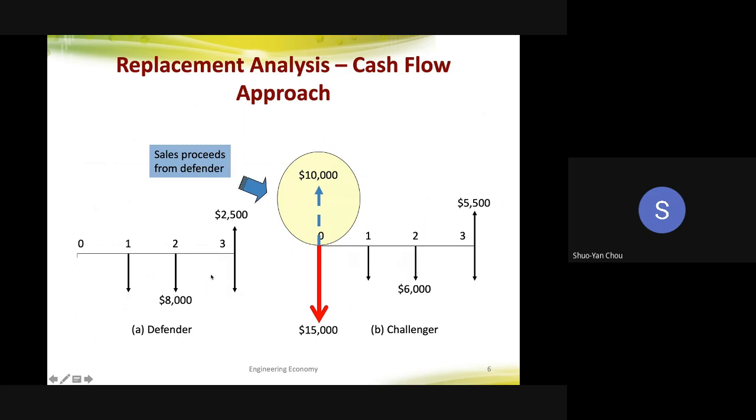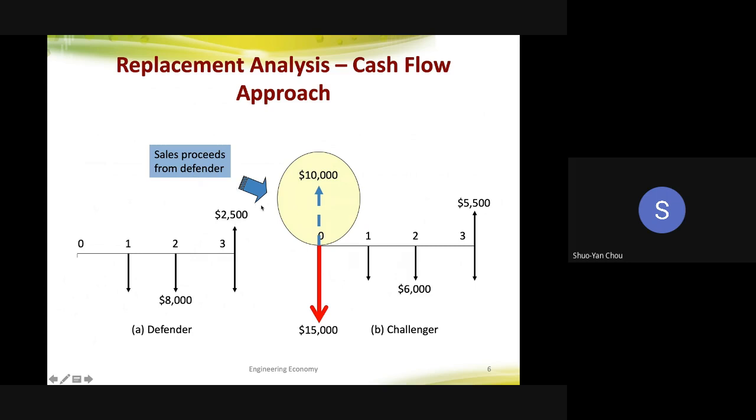What will happen for the defender, again simplified, is that we have operating cost at this value. Operating cost for the defender is higher, 8,000. The challenger will be only 6,000. But for the challenger, you need to buy a new machine. For the defender, there's no other cost, just here, here, here. In the end, we still have some salvage value, assuming it's 2,500.